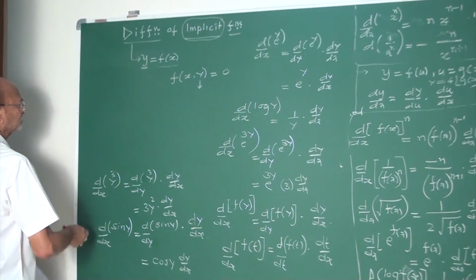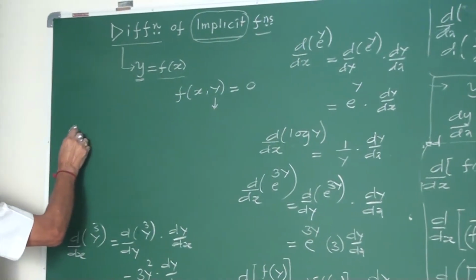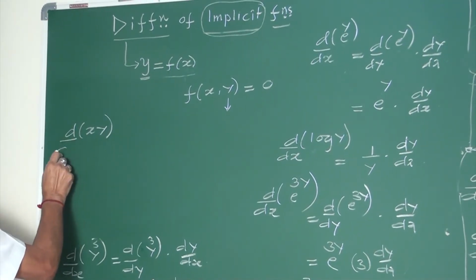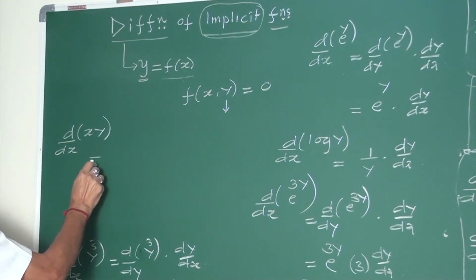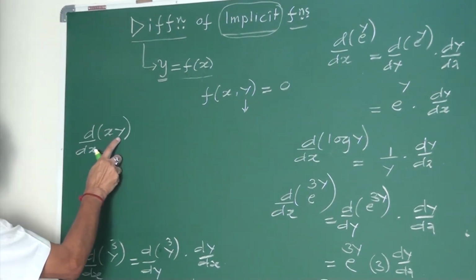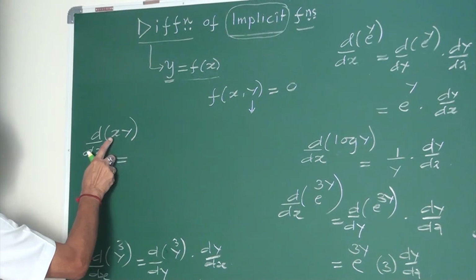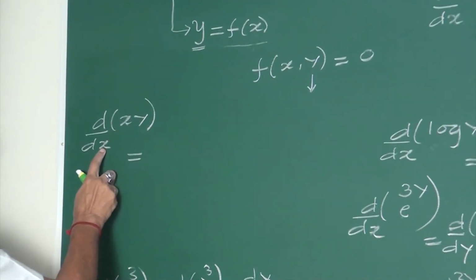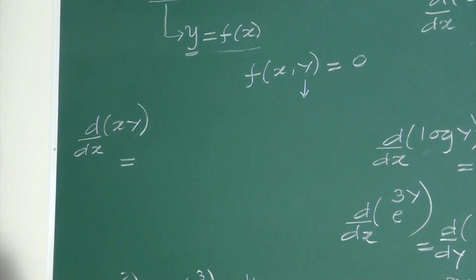It is the derivative of xy with respect to x. See, my friends, there are two functions. One is a function of x, another is a function of y. You know how to differentiate a function of x with respect to x, and a function of y with respect to x. You know the methods. Now you have to apply it.